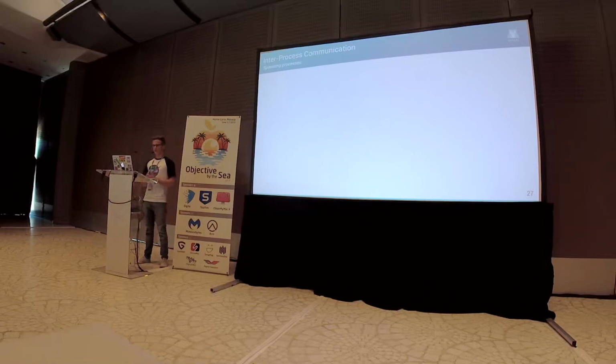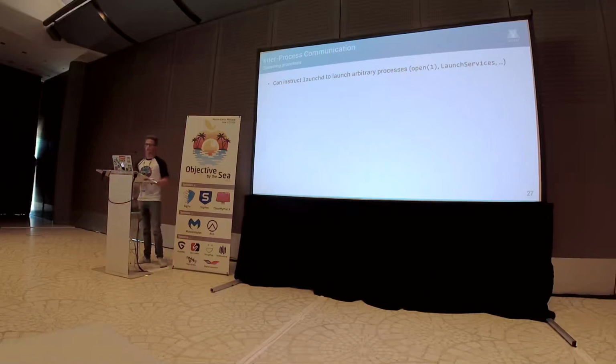What's also really nice, you can instruct launchd to launch arbitrary processes with arbitrary command line arguments on your behalf. This is what the open utility does, or the Launch Services framework. And these will be spawned as a child of launchd. Why is this important? Because many malware sandboxes just work by looking at subprocesses.